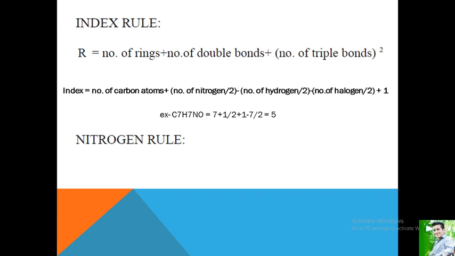Next is the nitrogen rule. It is stated that a molecule of even numbered molecular mass must contain an even number of nitrogen atoms. An odd numbered molecular mass requires an odd number of nitrogen atoms.